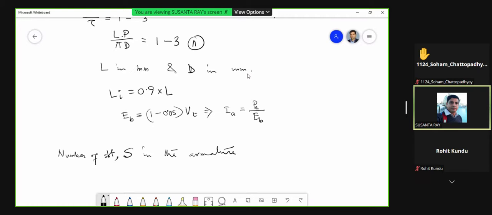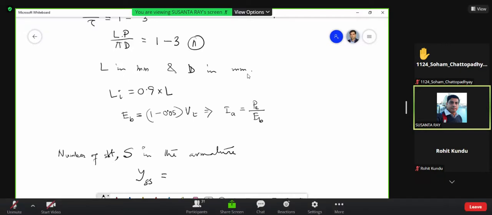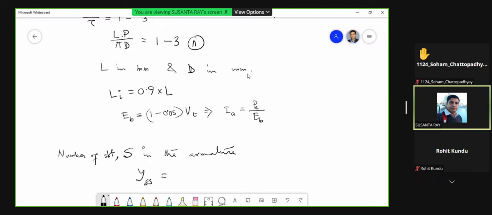Now, what will be the slot pitch? How to calculate? By D by S.